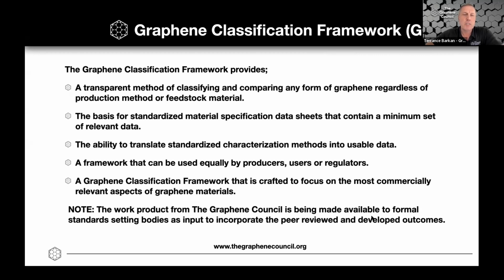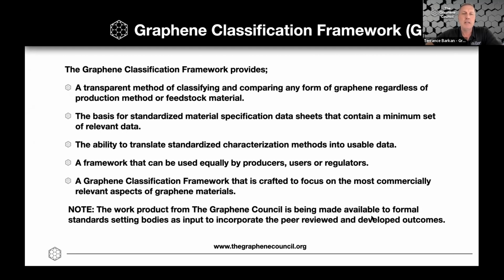aspects. There are some standards, for example, a blank detail specification sheet, which has more than 75 different measurands for graphene that are possible. But when we looked at what is commercially relevant, a much smaller set of 19 variables were identified within this.